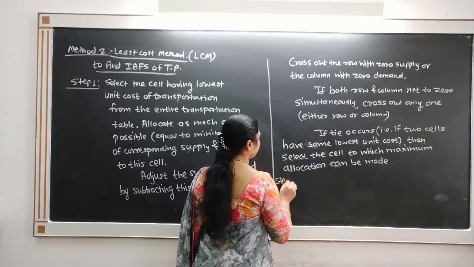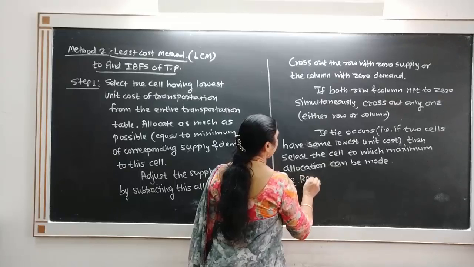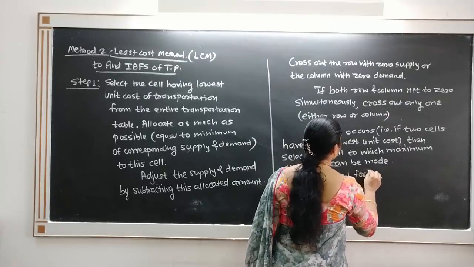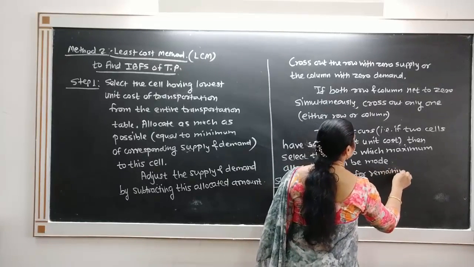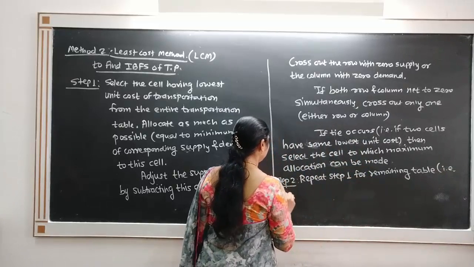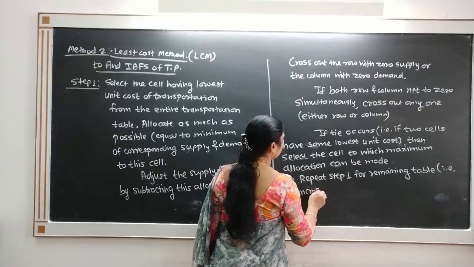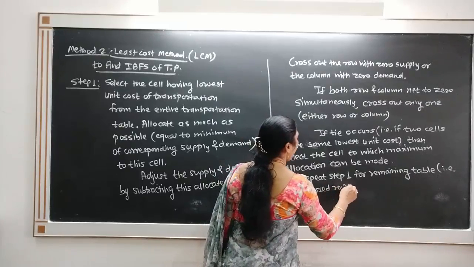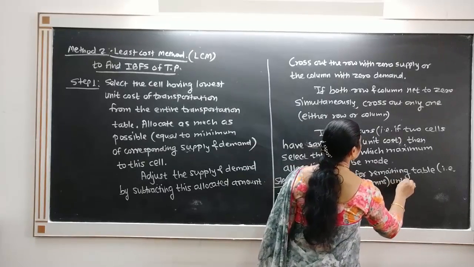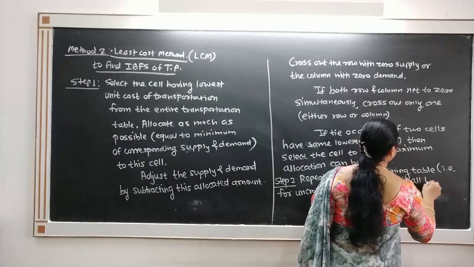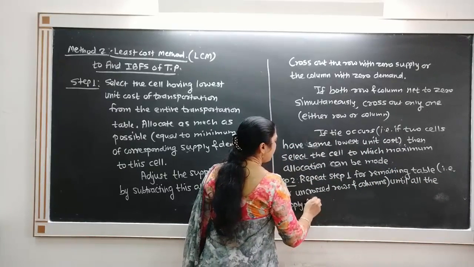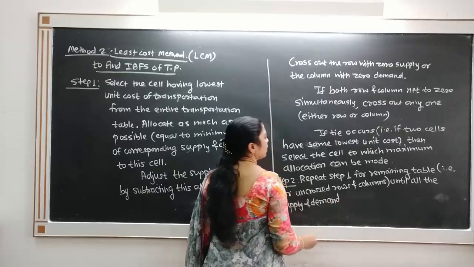And step 2, repeat step 1 for the remaining table, that is, for uncrossed rows and columns, until all the supply and demand is satisfied.